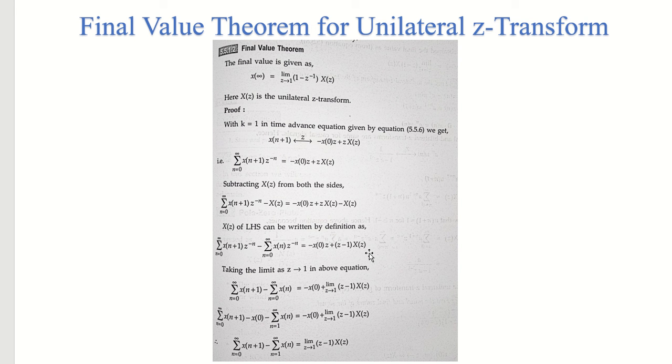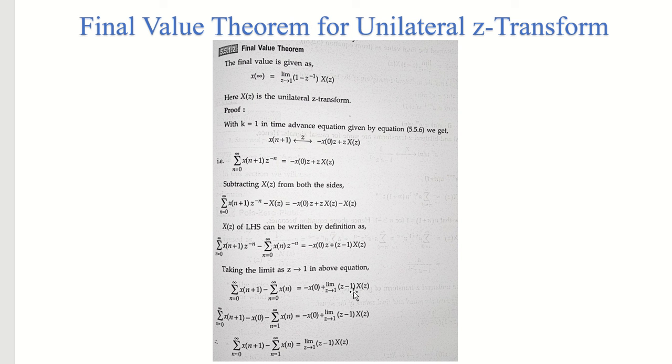Now what you have to do is take the limit as z tends to 1. When you take the limit z tends to 1, what will happen? This x of 0 will move out, and the limit will only be applied to the term z minus 1 into x of z, right?